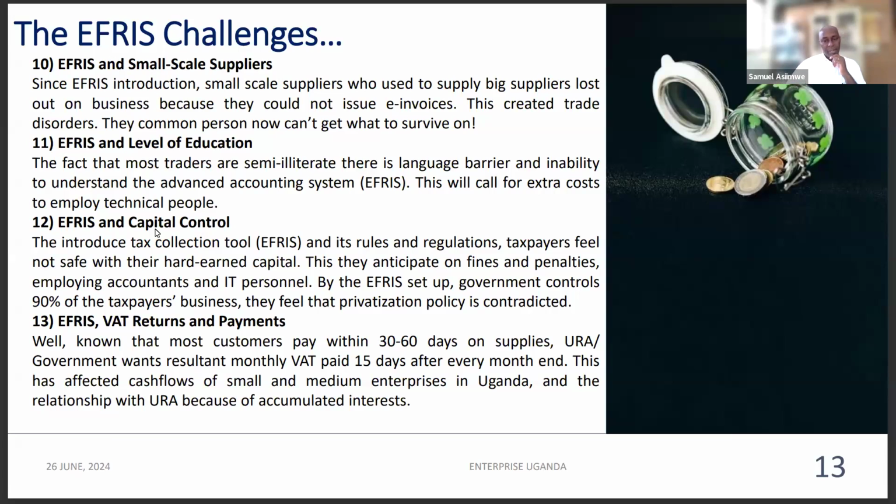There's a language barrier, there's an ability to understand the advanced accounting system, this EFRIS, and this will call for extra costs. This person running a business with this level of education will have to employ a technical person, the accountant, the IT person, and any other person who can help in the tax matters, including the tax agents.